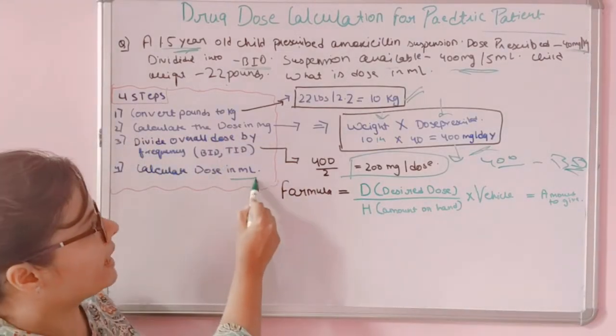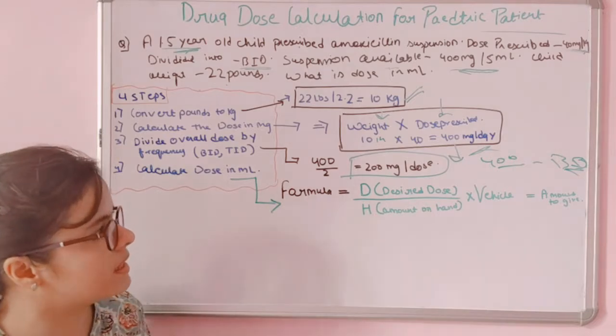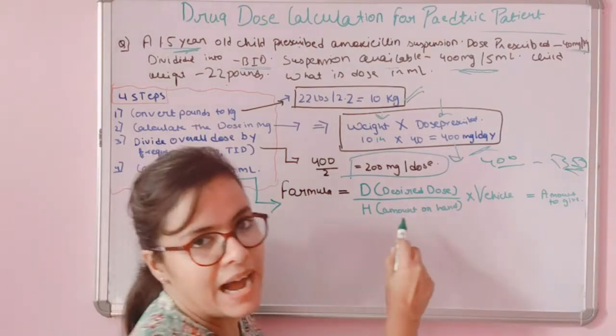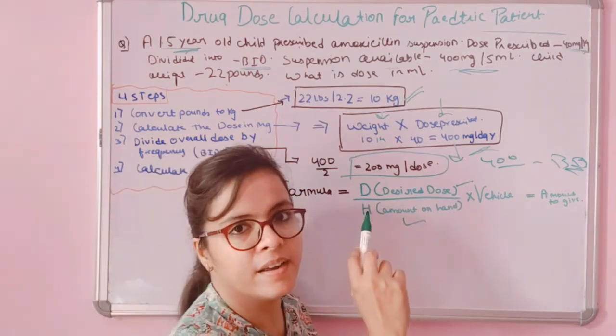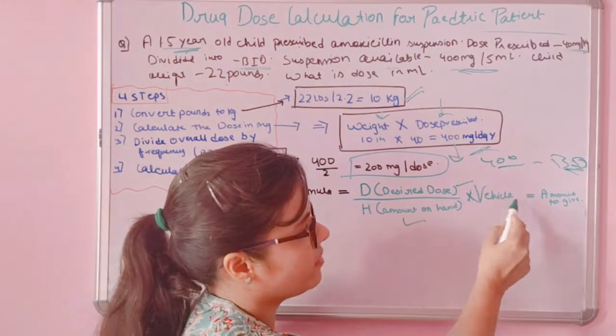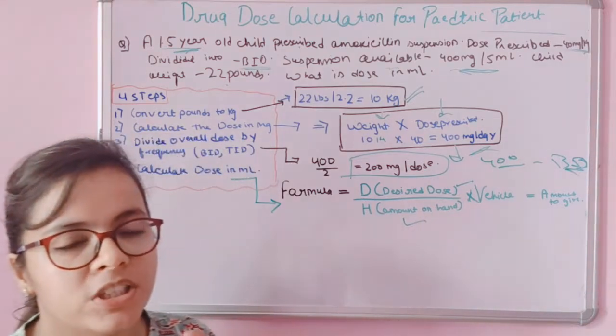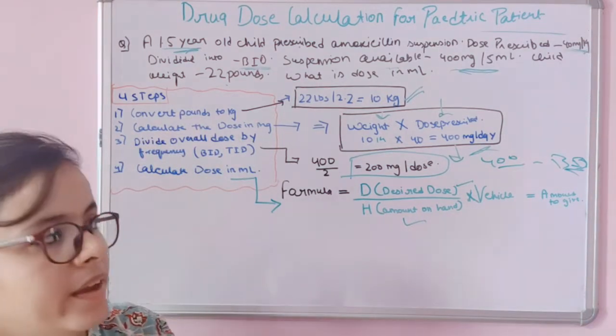Last step, calculate the dose in ml. For this the formula is desired dose upon the dose that is in hand, multiplied by the vehicle. That will give you how much dose in ml has to be given.